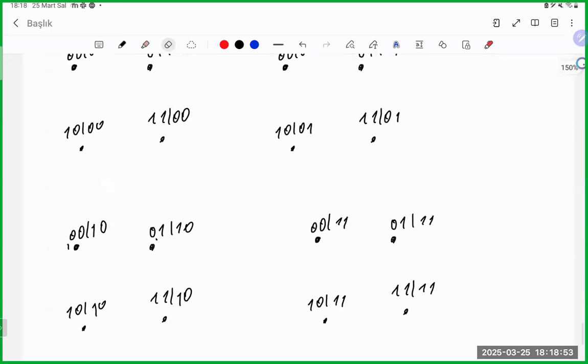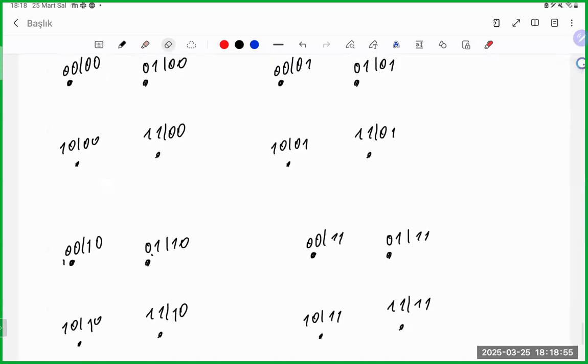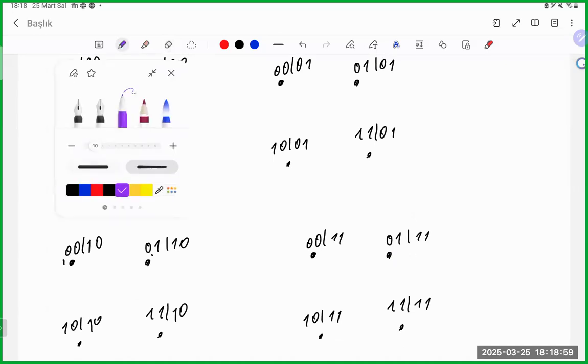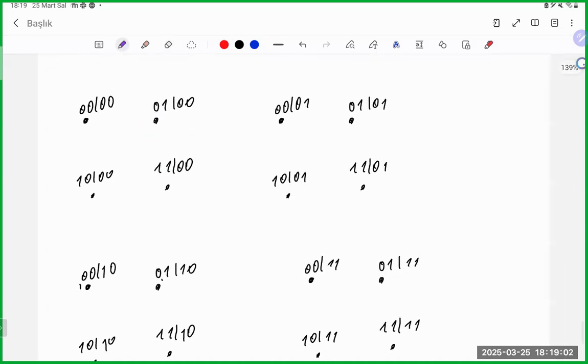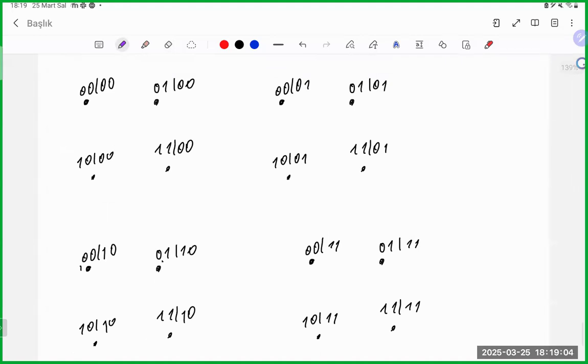Now let me get a different color, maybe purple. In here, Bob communicates his measurements to Alice, and Alice changes her choice of measurement.